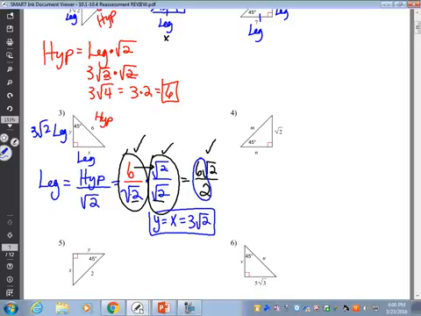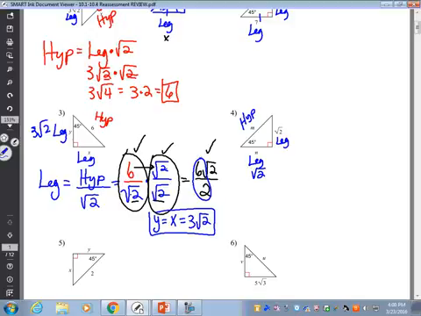So, on number 4, very similar, but now we're starting with the leg, and we need to find the other leg, which we know is the same, so that's just square root of 2, and then the hypotenuse. We're going from a small part to a bigger part. Whenever I go from a small to a bigger, what operation would that be? Multiplication. So if you show multiplication, you can get partial credit. Show the operation.